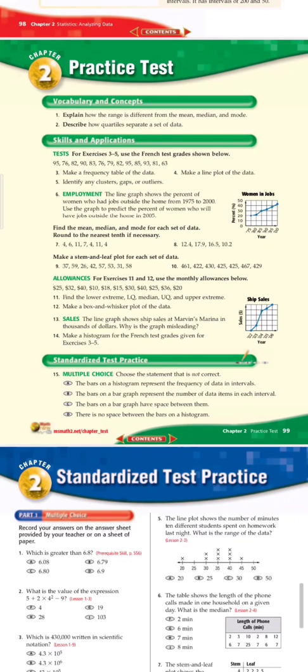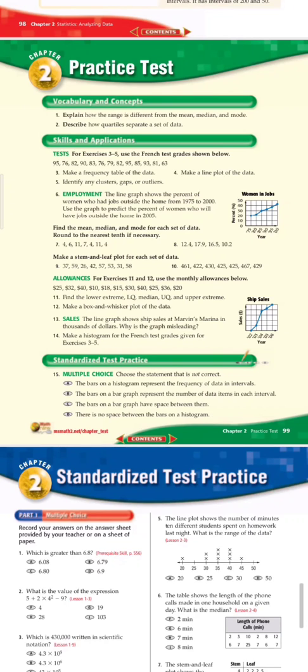Chapter 2. Practice test. Vocabulary and concepts. 1. Explain how the range is different from the mean, median, and mode. 2. Describe how quartiles separate a set of data.